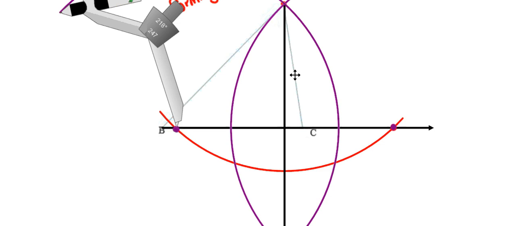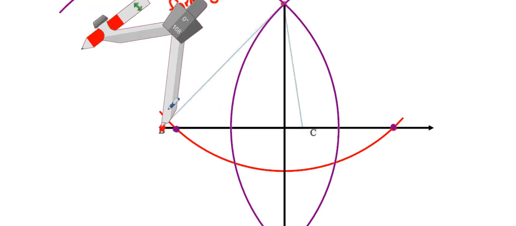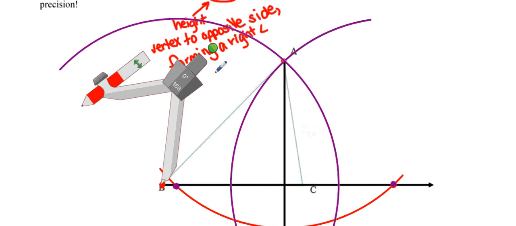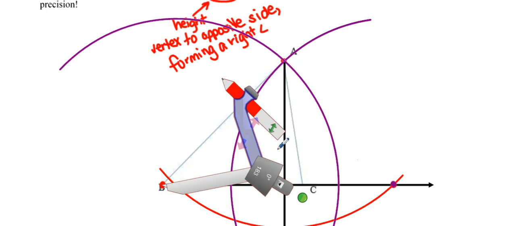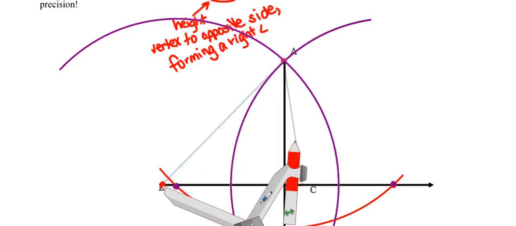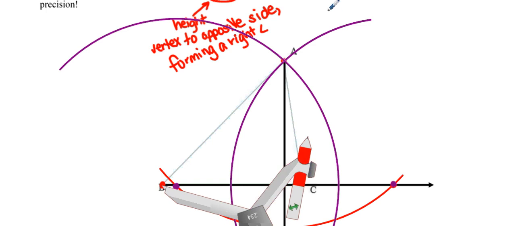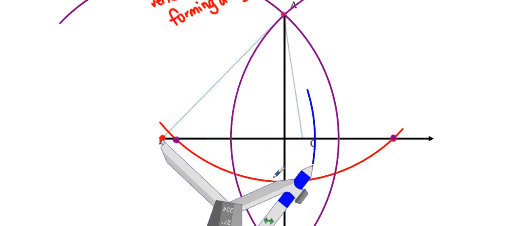So there's one altitude. Now I'm going to construct the altitude from point B to side AC. So I'm going to start with the point of my compass on point B. I'm going to be a little bit smarter about how I make my arcs this time though. Hopefully if I make them the right size, I won't have to extend any of the sides of my triangle.